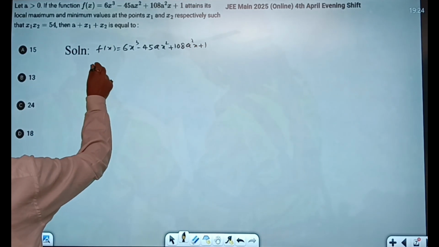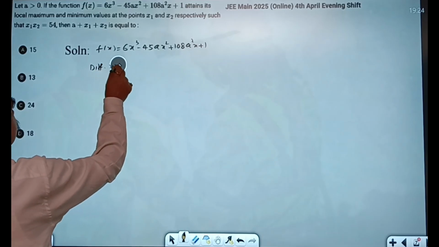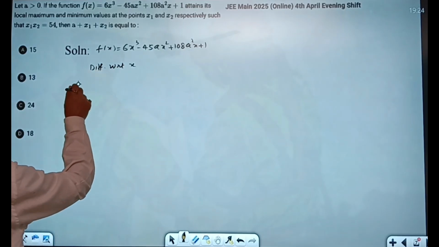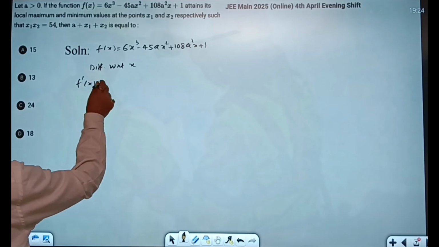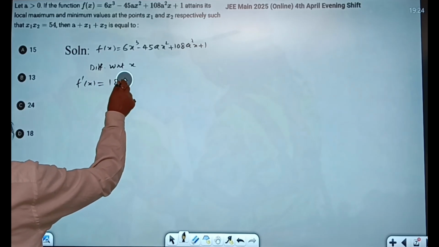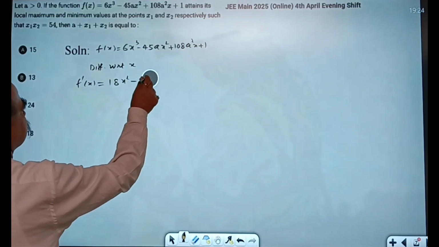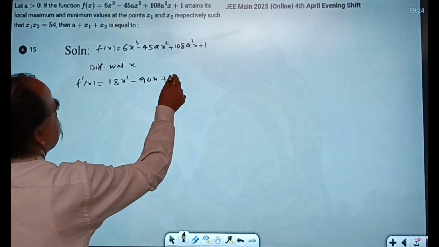So differentiating with respect to x, f dash x will be what? 18x square minus 90ax plus 108a square.